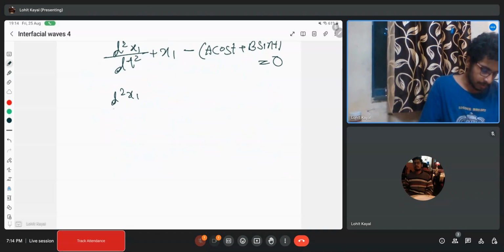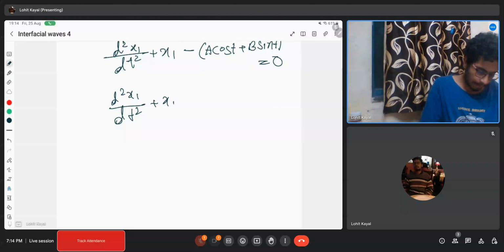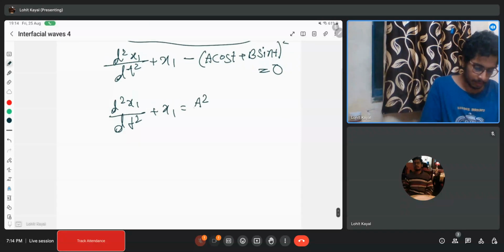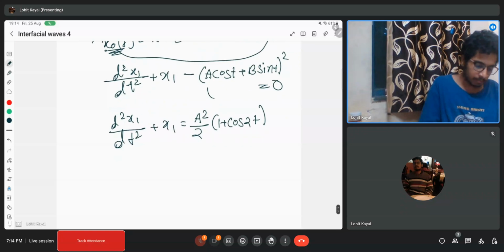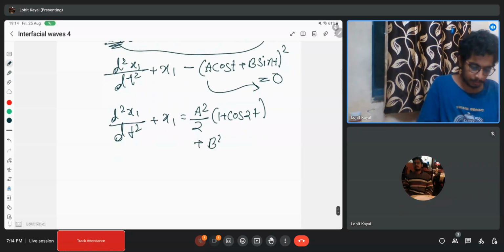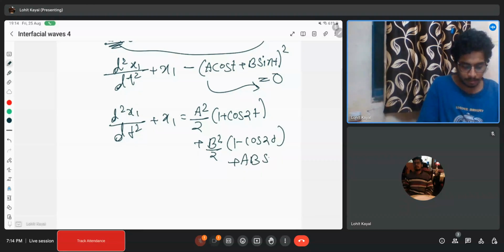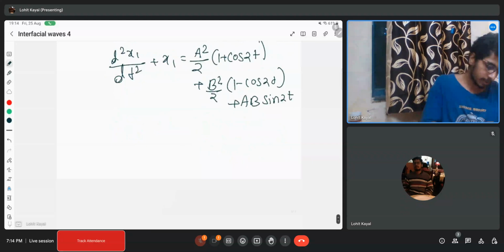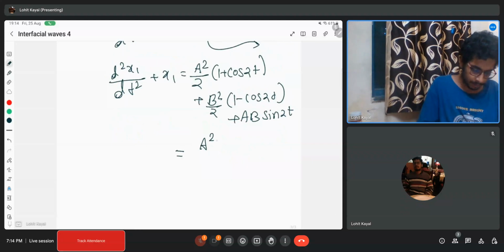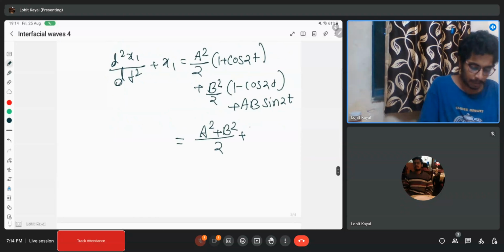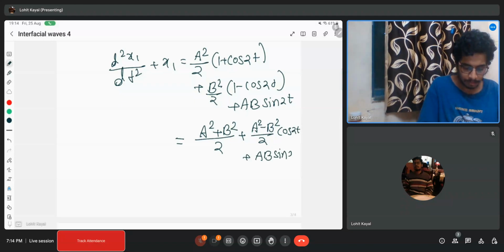This implies this equals a²/2 (1 + cos 2t), taking it to the right hand side, plus b²/2 (1 − cos 2t) plus ab sin 2t, which equals (a² + b²)/2 plus (a² − b²)/2 cos 2t plus ab sin 2t.